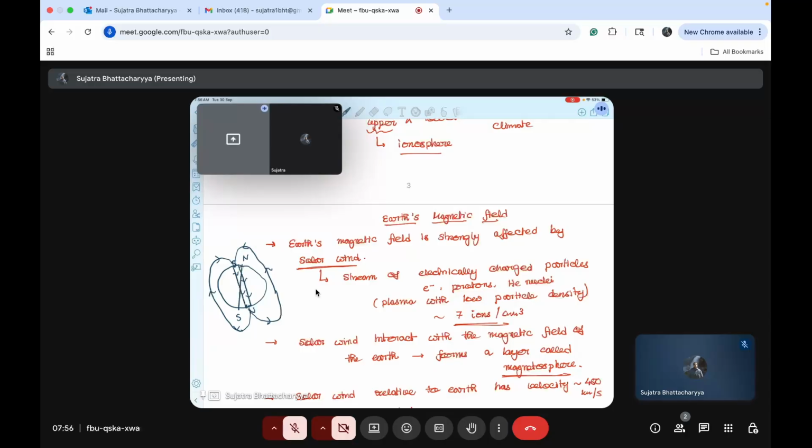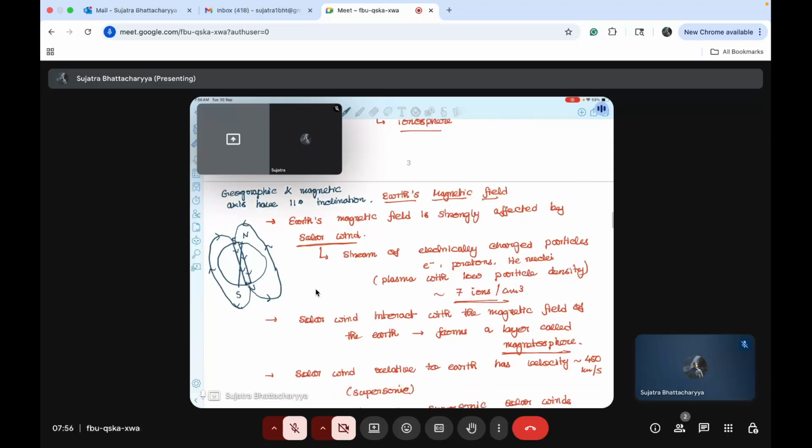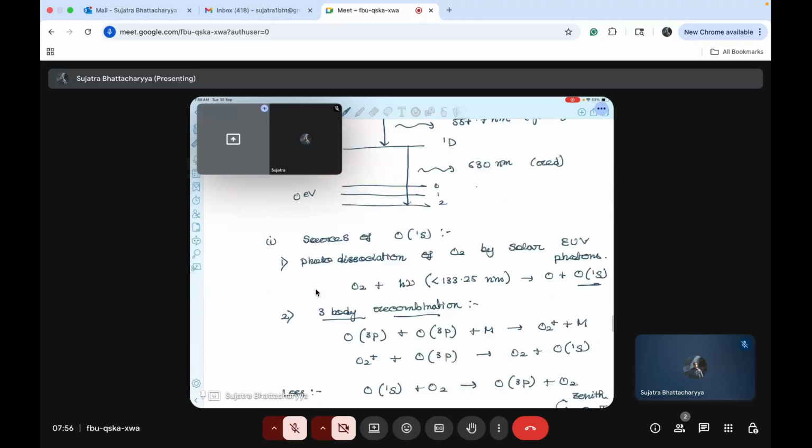And the magnetic axis and geographic axis have some 11 degrees inclination. So this is important. Nothing else is there to worry about here.